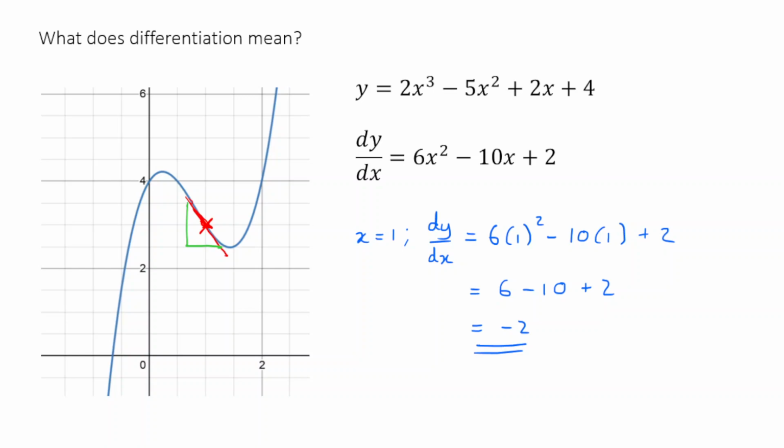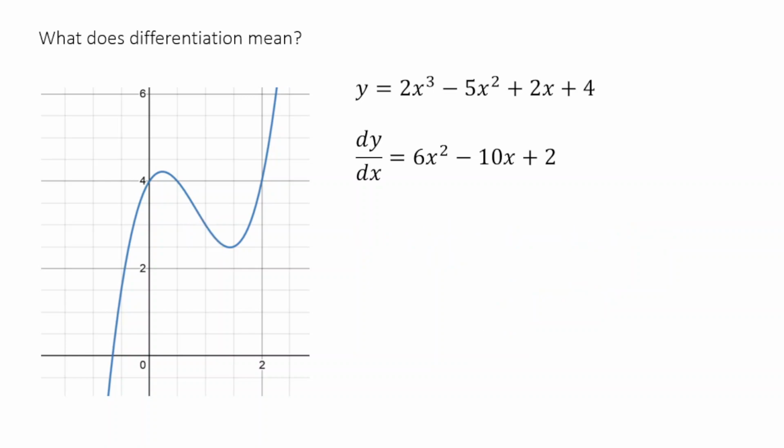Okay? Now then, let's do one last value. Let's do x is equal to 2. Again, let's substitute our value in. dy dx is equal to 6 times 2 squared minus 10 times 2 plus 2.